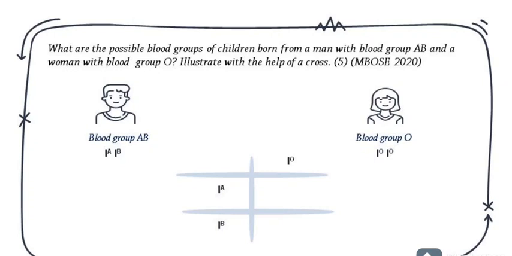If the child receives IA allele from father and IO allele from mother, his blood type will be A. If the child receives IB allele from father and IO allele from mother, his blood type will be B.